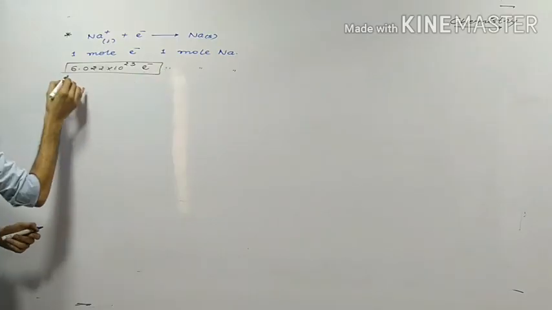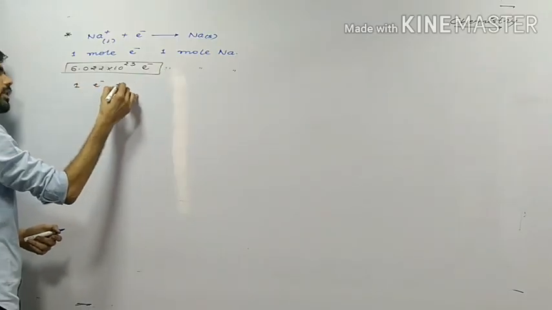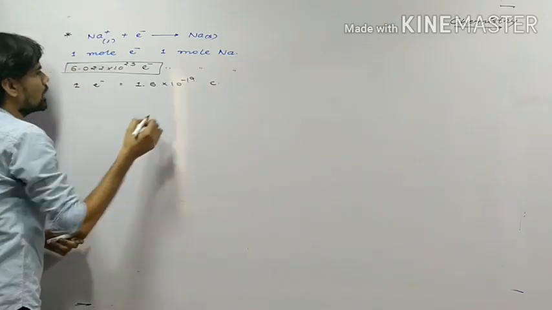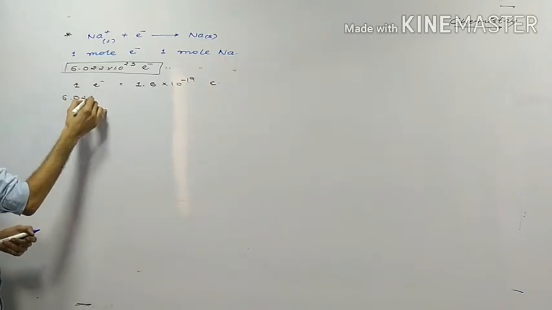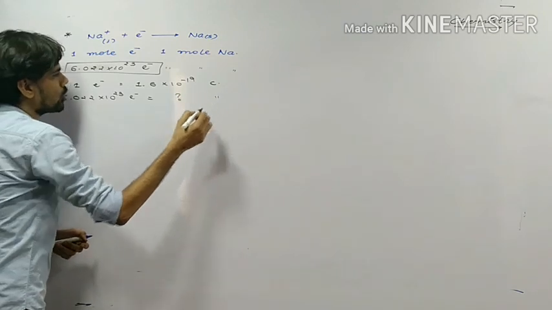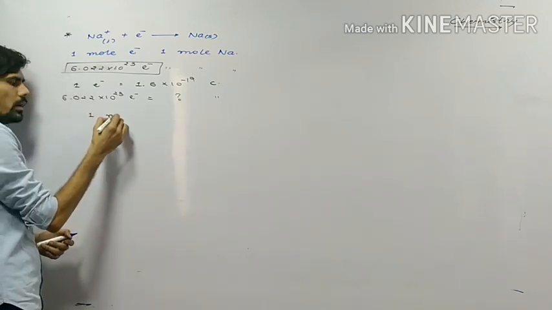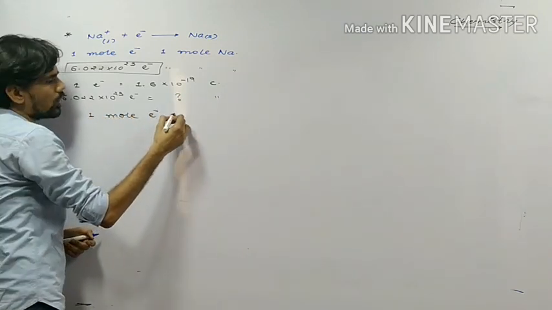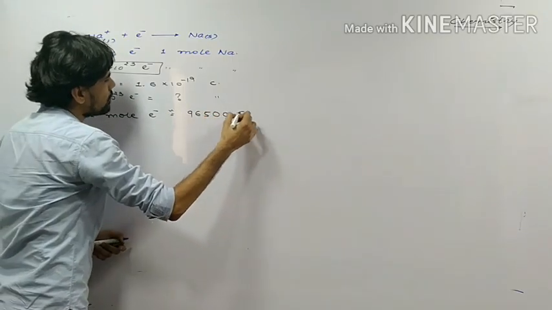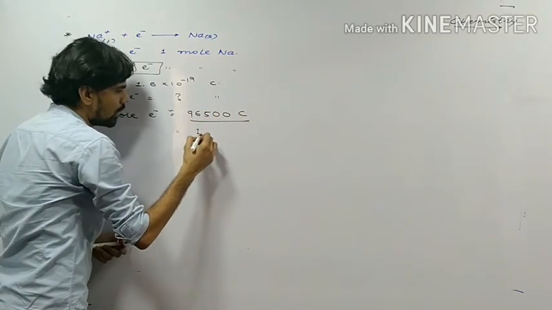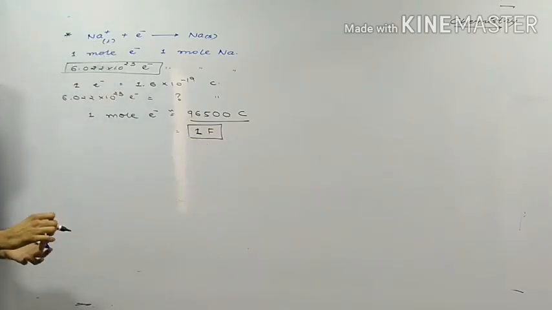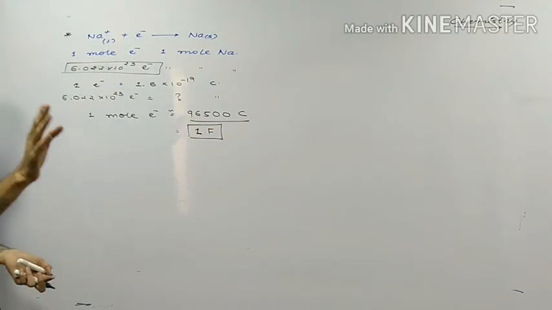Now 1 electron is equal to 1.6 into 10 raised to minus 19 coulomb. Then 6.022 into 10 raised to 23 electrons is equal to how many coulomb? So 1 mole electron is equal to approximately 96,500 coulomb, which is called 1 Faraday. Which is called what? 1 Faraday.